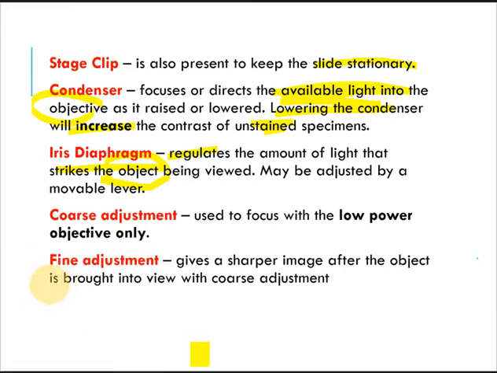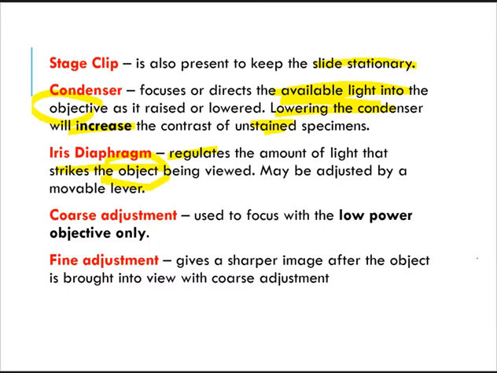We have your fine adjustment knob, and then we have your coarse adjustment knob. The coarse knob is used to focus with the LPO objective only. Do not use it when using HPO or your oil immersion objective.